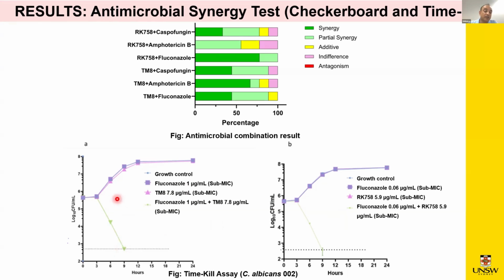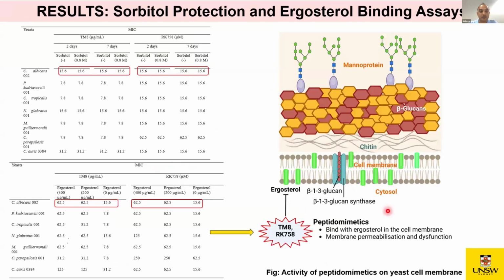However, at the same sub-MIC concentration, when the compounds were used singly, they could not inhibit microbial growth, and the number of Candida rose. This means we found a reproducible result with another method, the time kill assay as well. That means these compounds are really acting as synergistic agents.